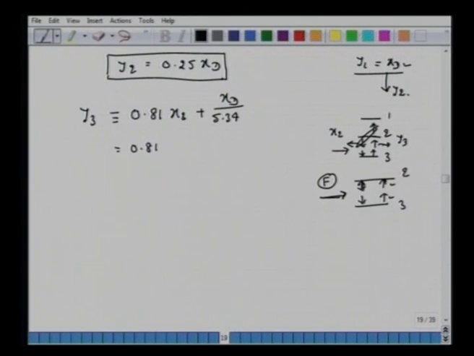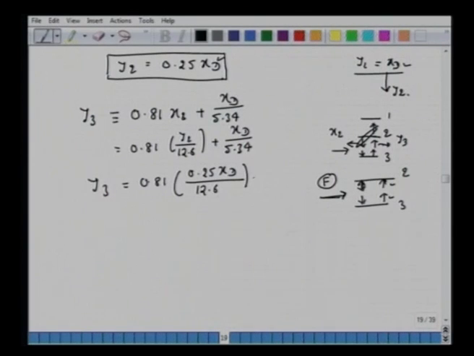So we can substitute from the equilibrium curve, y2 over 12.6 plus xt over 5.34. So now we can write y3 as 0.81. y2 is given in terms of xt. So we can substitute here 0.25 xt over 12.6 plus xt over 5.34.